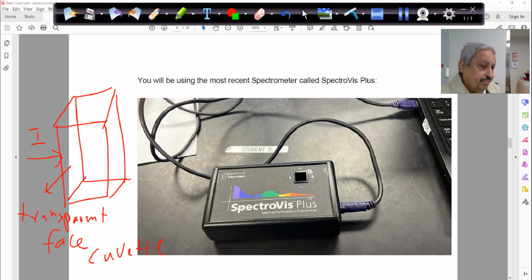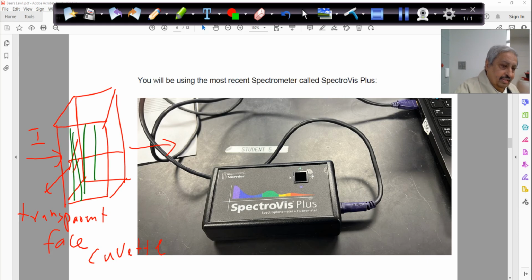This cuvette is made of glass, correct? And this is the transparent side. So the light will go in and will go out, correct?